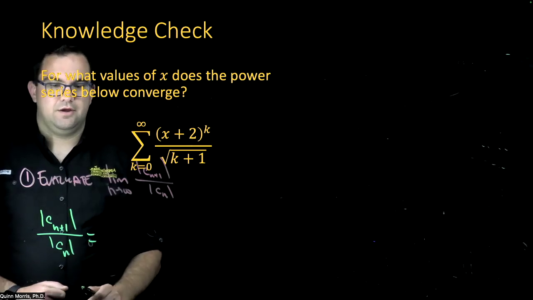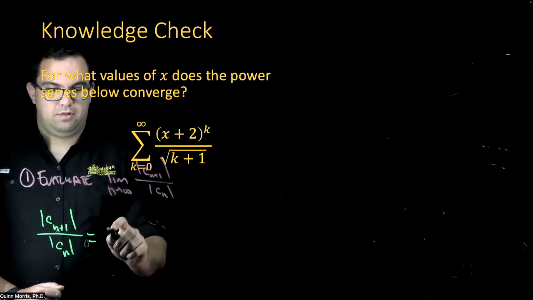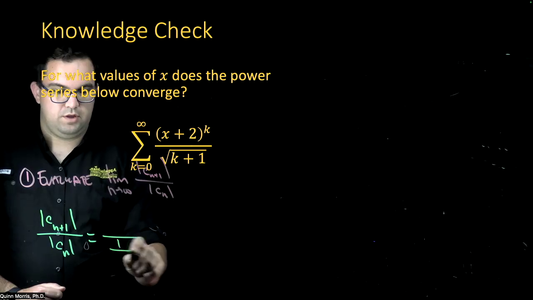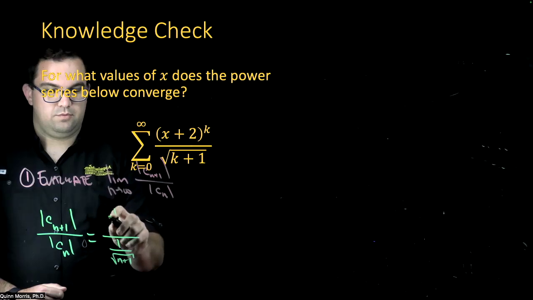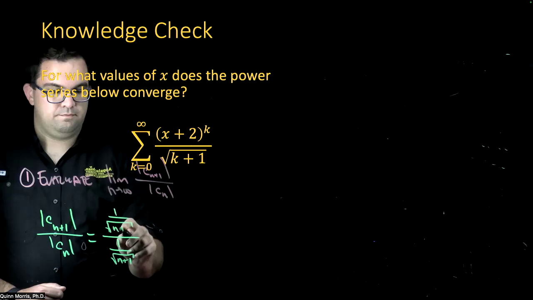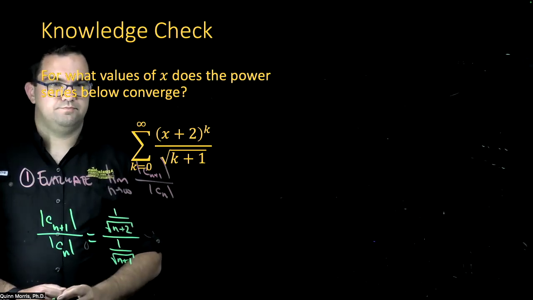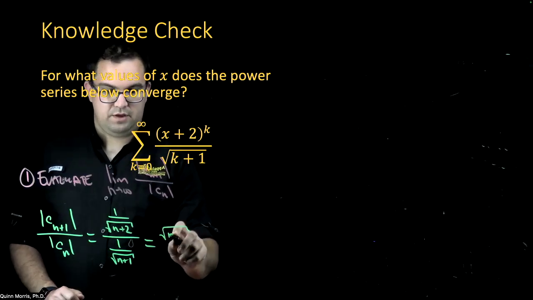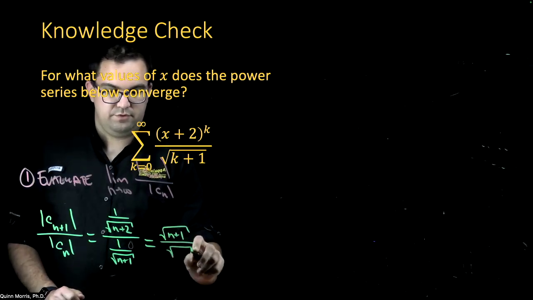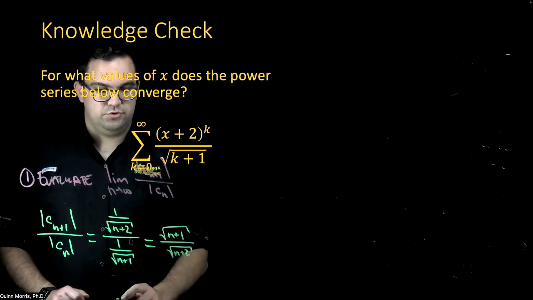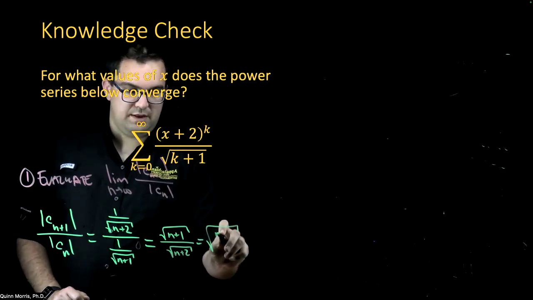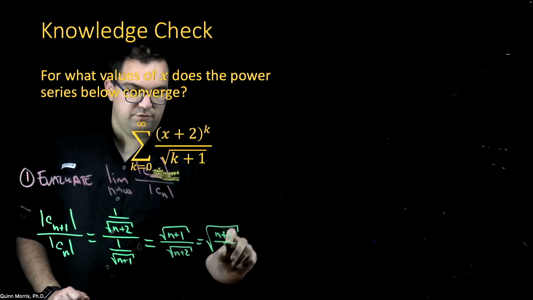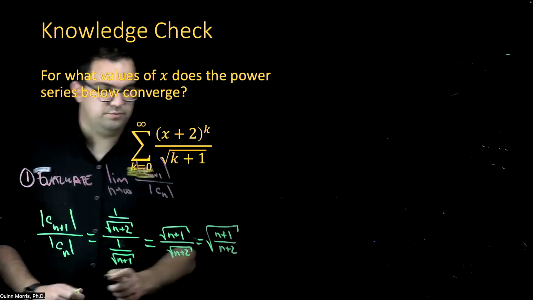If I'm using n here, then my nth one will just be 1 over the square root of n plus 1. My n plus first one would be 1 over the square root of n plus 2. And so this will become the square root of n plus 1 over the square root of n plus 2, or you could write that as the square root of (n plus 1) over (n plus 2).